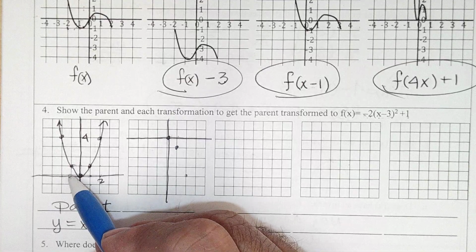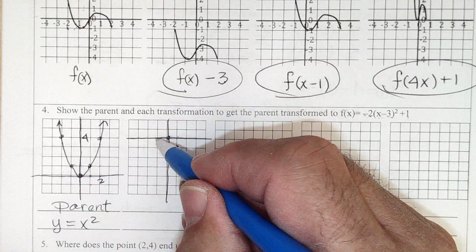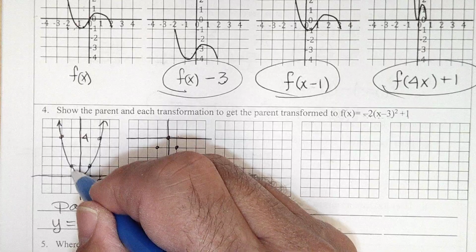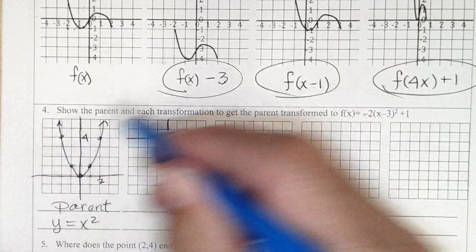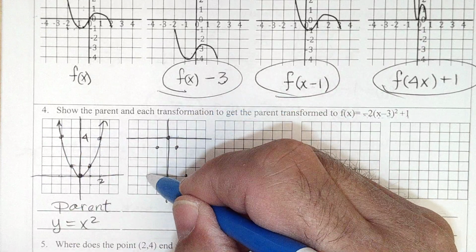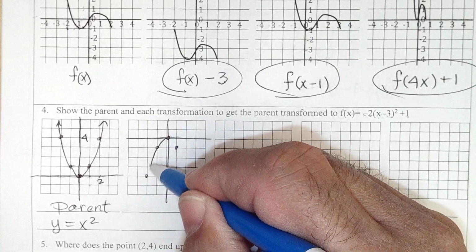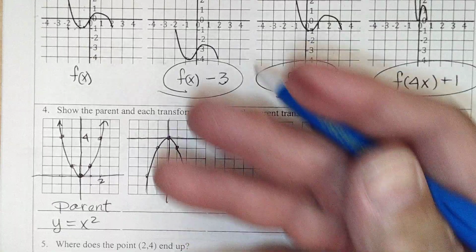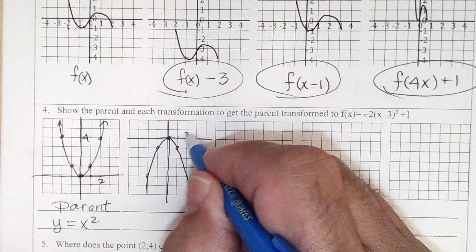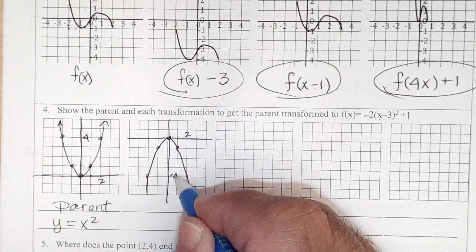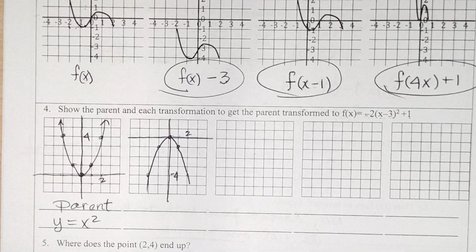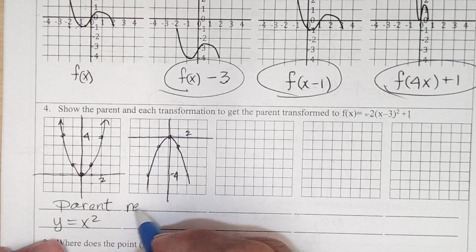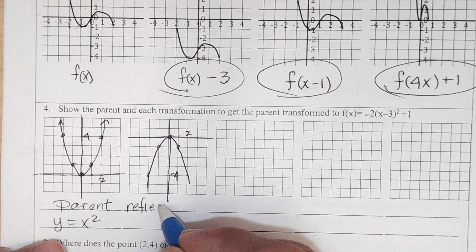The height at -1 was 1, so it goes to -1. The height at -2 was 4, so it goes to -4. So that flips it over the x-axis. Reflection or flip.